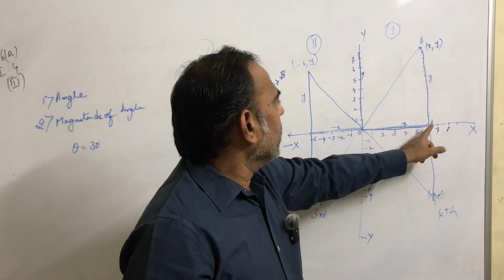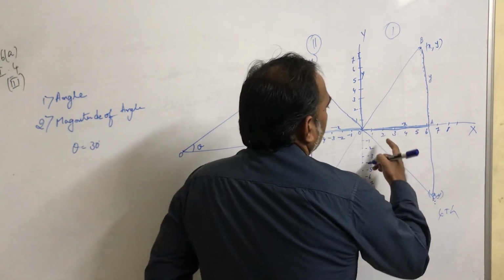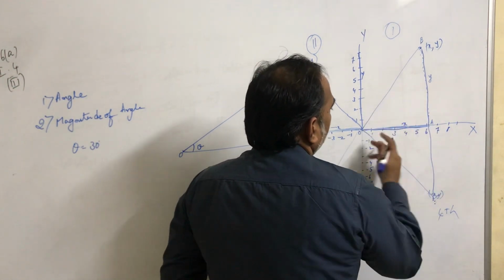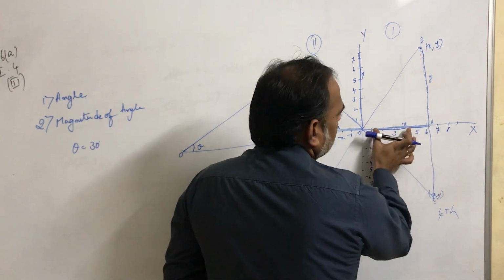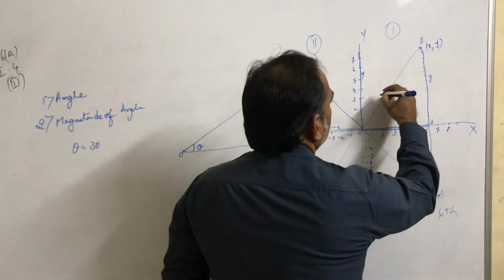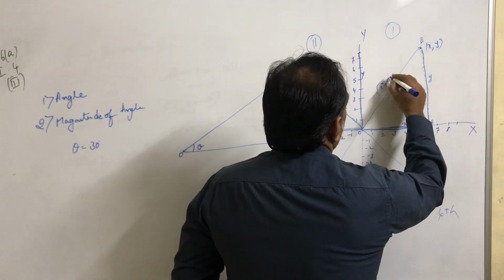Triangle OAB is a right angle triangle. In a right angle triangle, hypotenuse square equals opposite side square plus adjacent side square, so it is the square root of x square plus y square.